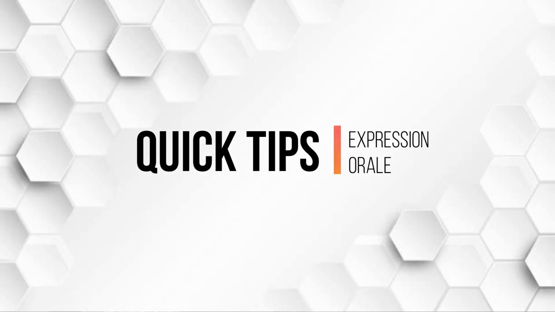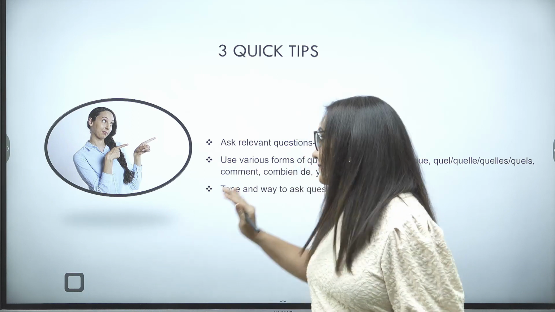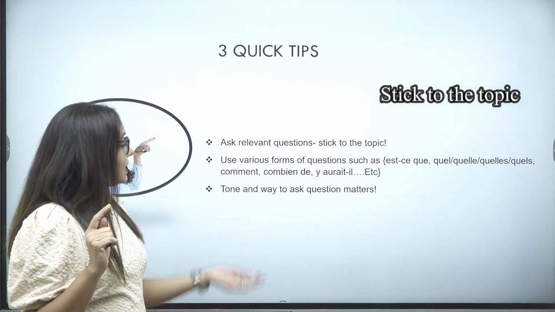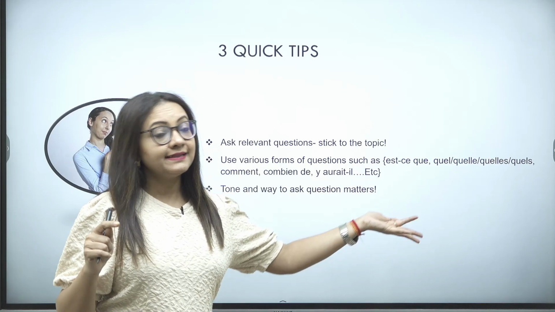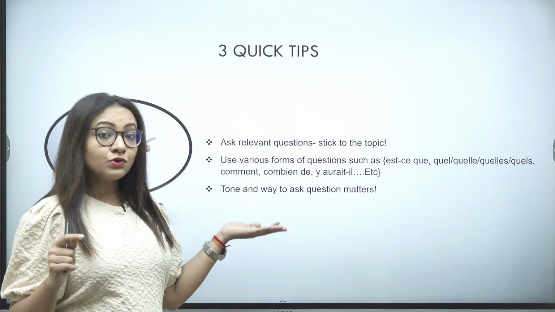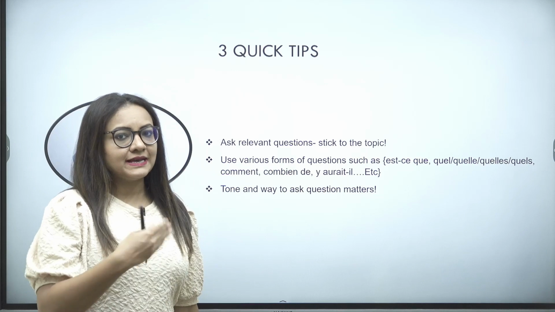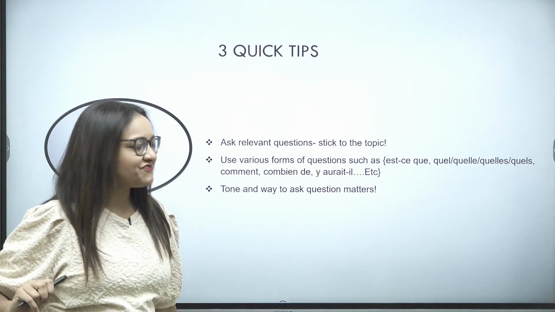Before we go ahead further, a quick 3 tips. Please ask relevant questions, because you have to stick to the topic. Use various forms of questions such as est-ce que, quel, comment, combien de, y aurait-il, etc. Don't just ask est-ce que, because that's apparently the easiest form one can use to ask a question in French.